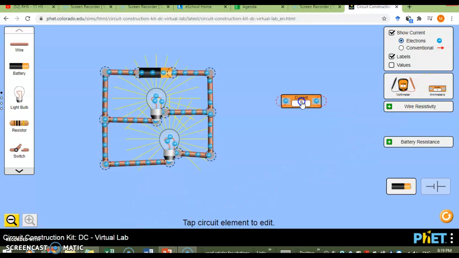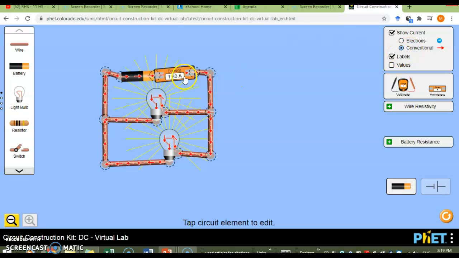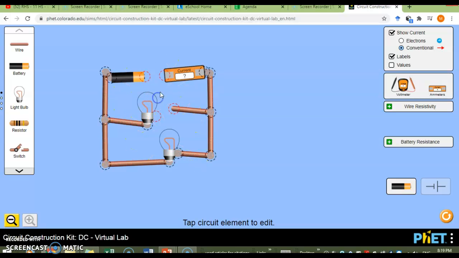For the ammeter, we are going to connect it in series with each lamp. So I battery or I main that's coming out of the battery is equal to 1.8 ampere. Now let's connect it in series with L1 in order to measure the current across L1. So I1, I is the symbol of current.